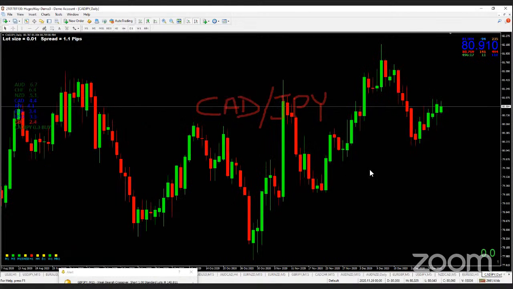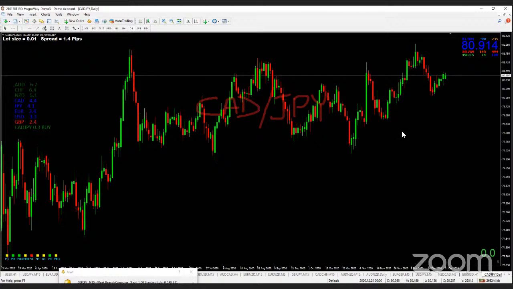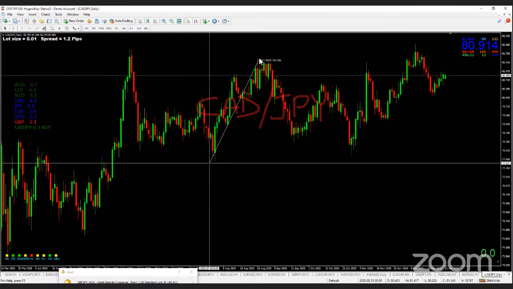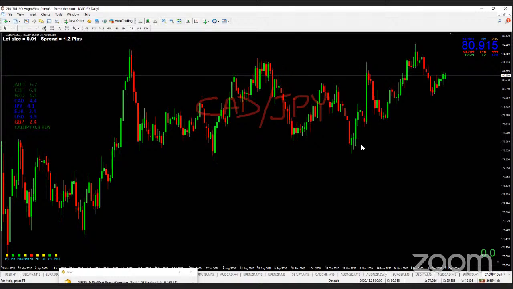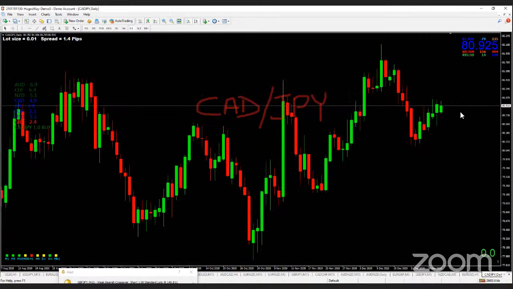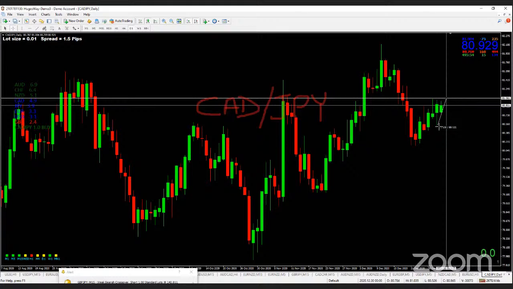If we go to the daily time frame, let's focus on the current candles on the daily candle. We can see in the last couple of days, at least in the last 3 days, the price has basically been ranging, in a range of about 53 pips or so.